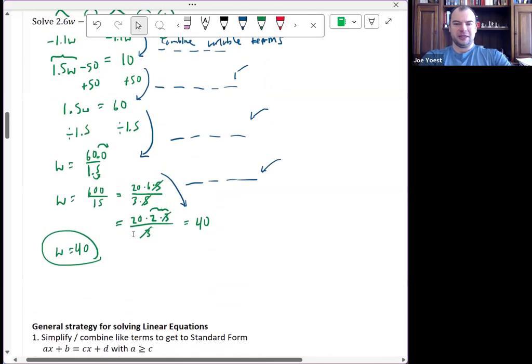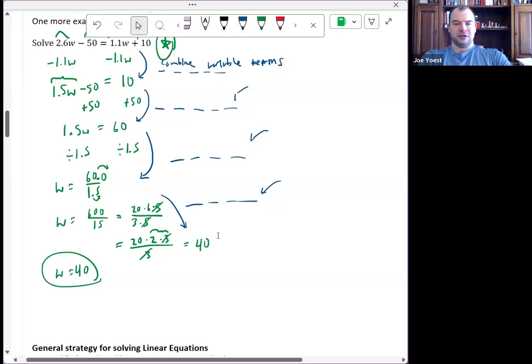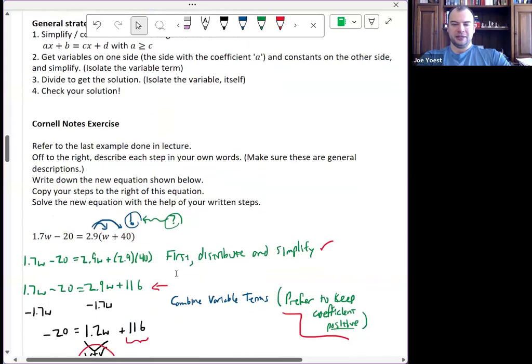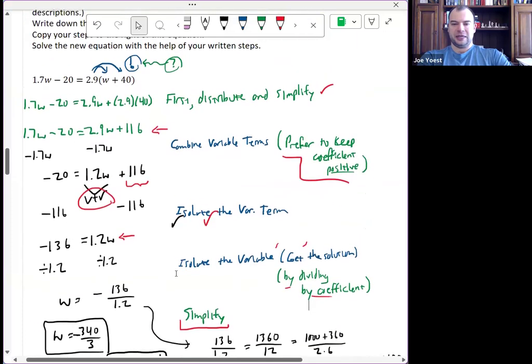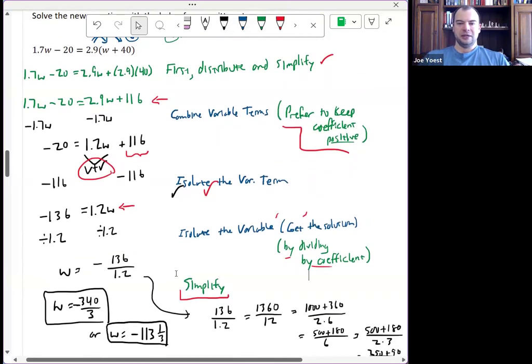And then maybe something I may have forgotten to write down up here. Maybe I forgot to include a verbal step to simplify. Maybe I didn't write that down, so maybe I add that in. Again, this is a process that goes both ways.